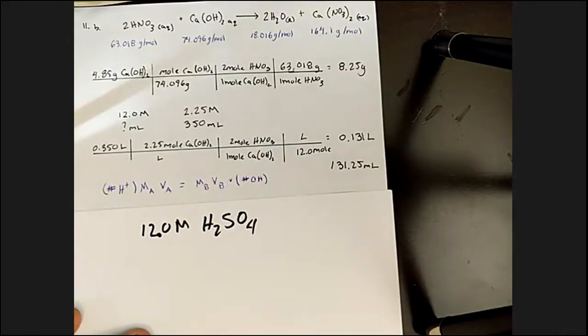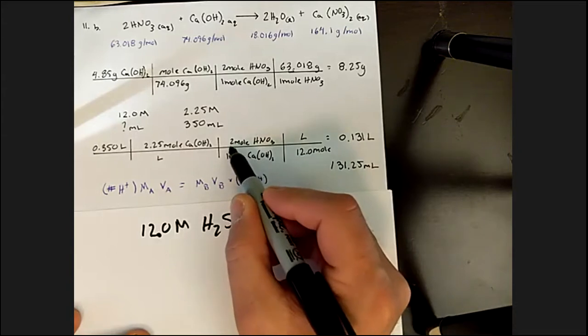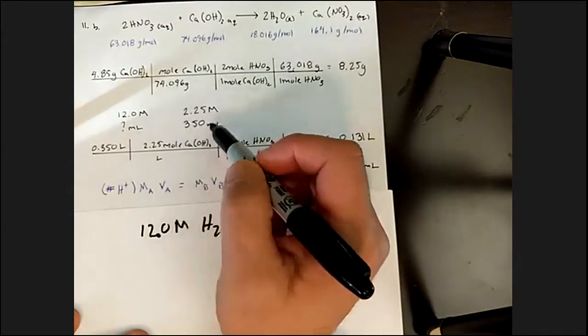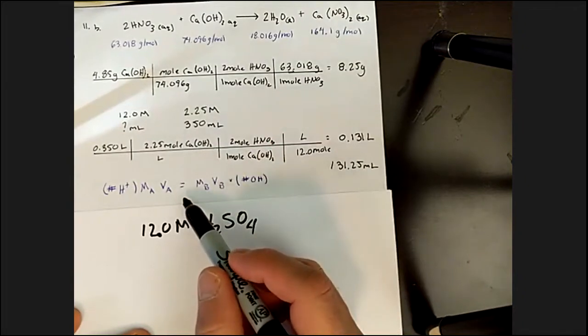12 molar sulfuric acid, just like right here, you're going to see some different stoichiometry. It's not going to be 1-to-1, and so this is going to throw off your problem if you just plug in the molar volume into this equation. It's not going to work directly.